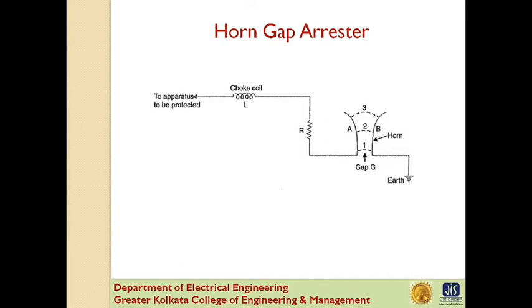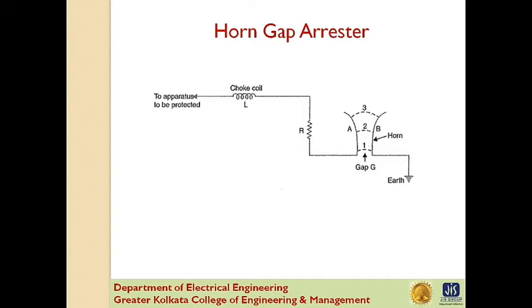The gap between the horns is so adjusted that the normal supply voltage is not enough to cause an arc across the gap. Under normal operating condition, the gap is non-conducting. On the occurrence of a surge voltage, spark over takes place across the small gap G.